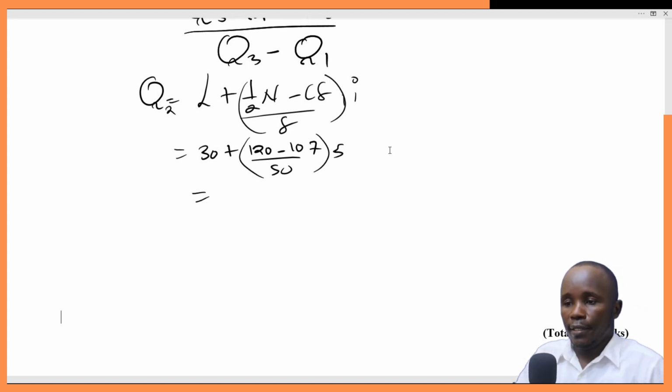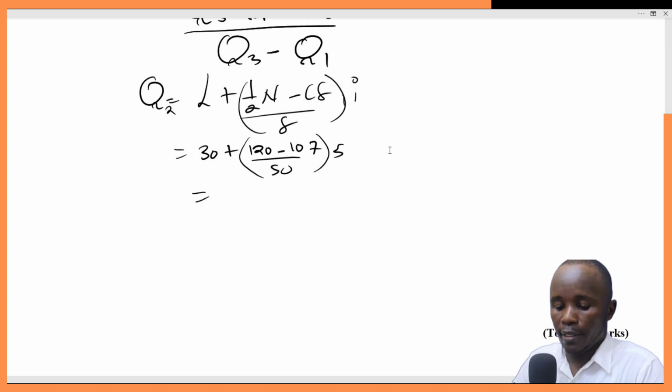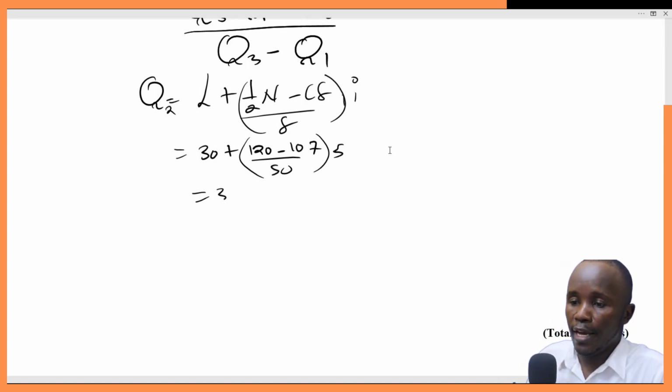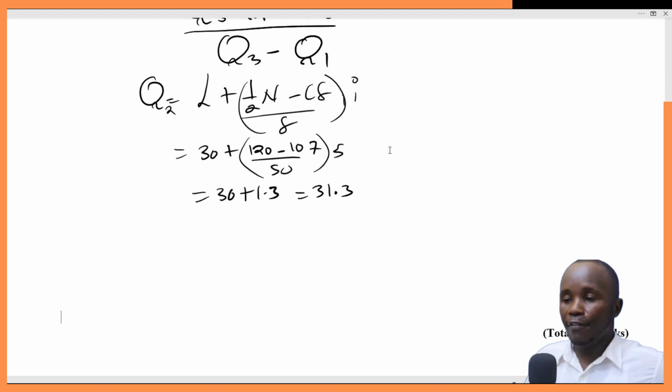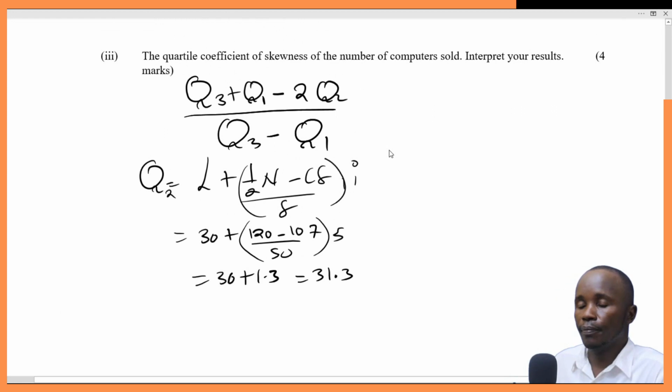What do we get? Let me go to my calculator. 120 minus 107 is 13, divided by 50 and then multiplied by 5. This is 1.3. So 30 plus 1.3, Q2 is 31.3. Having obtained this, the next step is to bring your answer into the formula.